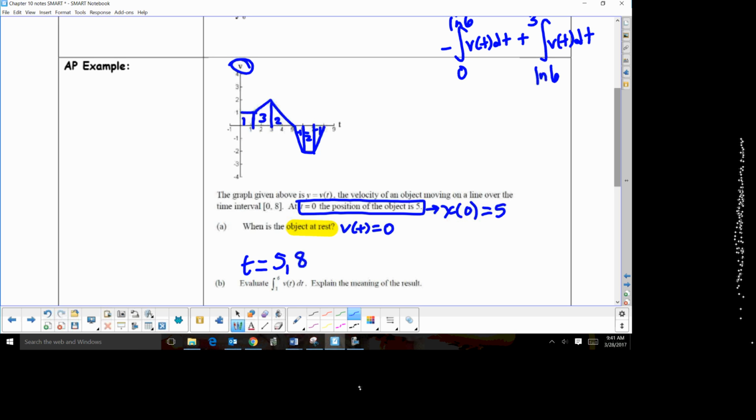And it wants me to go from where to where? 1 to 6.